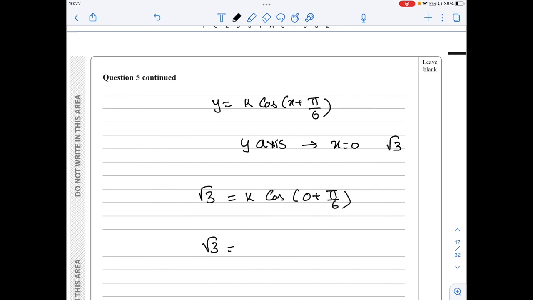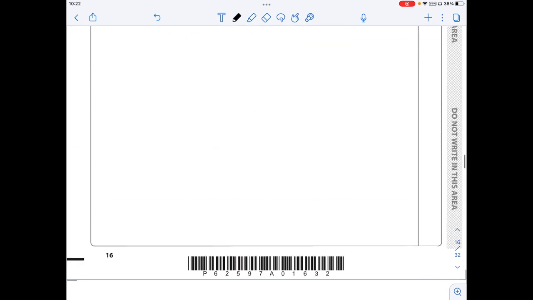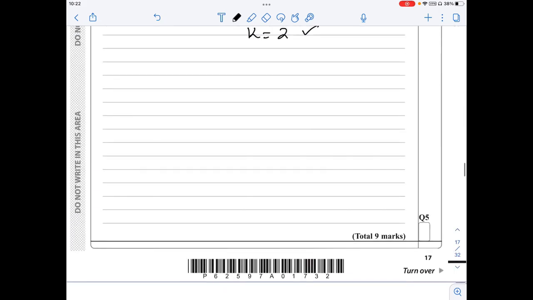So root 3 equals k times cos 30, or cos pi upon 6. Cos pi upon 6 is root 3 upon 2. So root 3 equals k times root 3 upon 2. Root 3 cancels, so I get the value of k as 2. So the equation of the curve now is y equals 2 cos of (x plus pi upon 6).